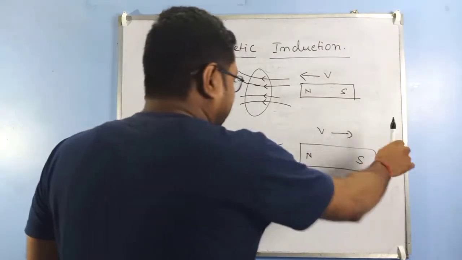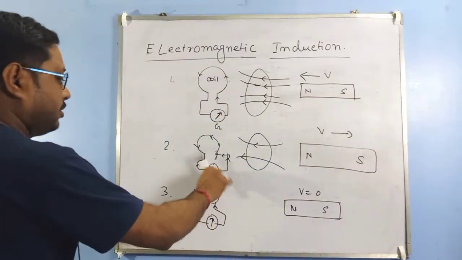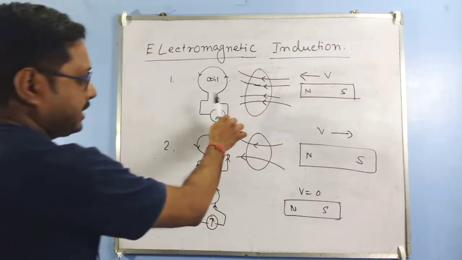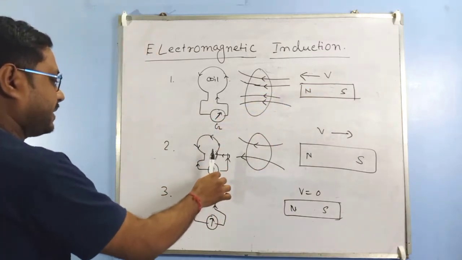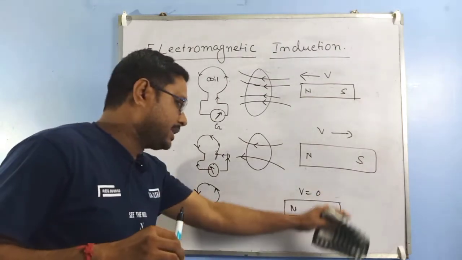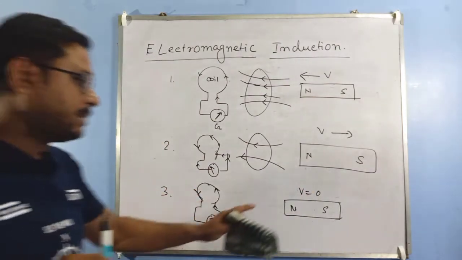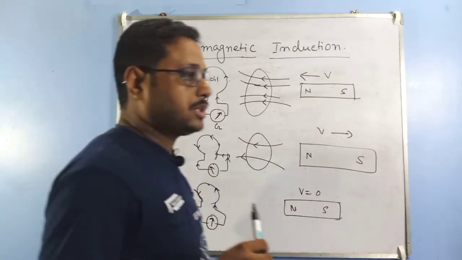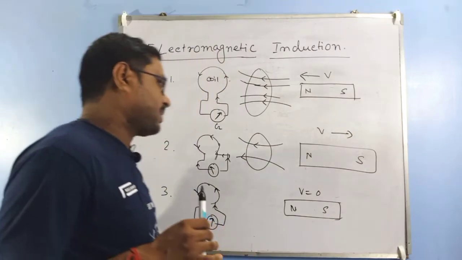But when it is moved away, the deflection is reversed. For the first figure the deflection is towards the right, and for the second figure the deflection is reversed. For the third figure, when v equals 0, that is the bar magnet is in a steady position, no current passes through it, so the galvanometer shows no deflection.